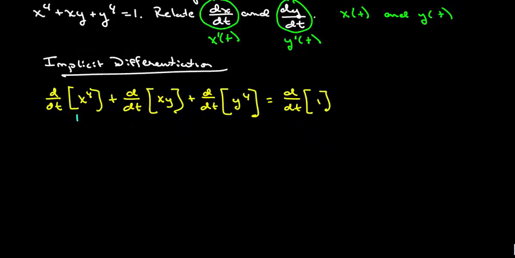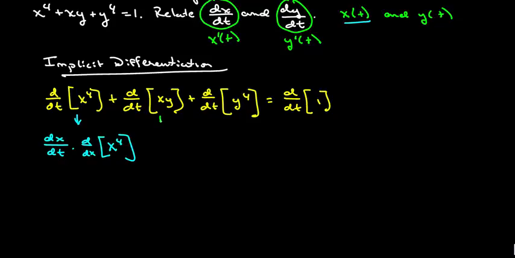Let's do this first guy here. Again, we need to have the variables be the same. They're not, and we know that x is a function of t, so let's change this to dx/dt times d/dx of x to the fourth.